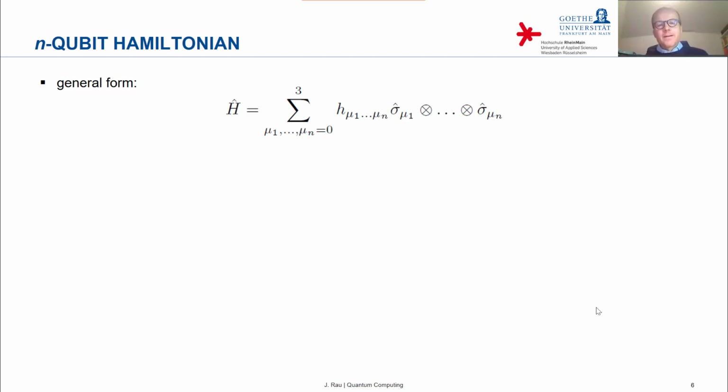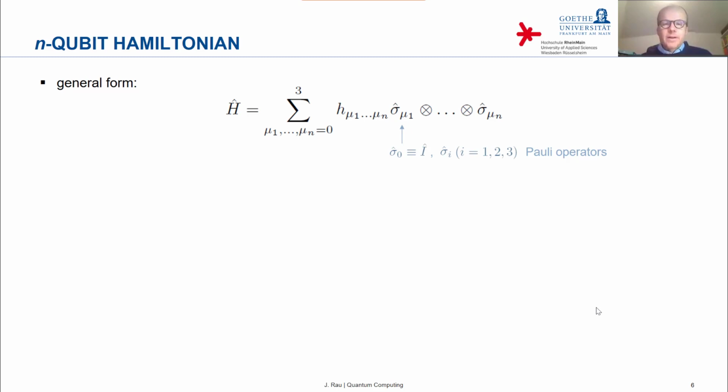And then tensor products of sigmas, and these sigmas are either Pauli operators. So when the index mu is 1, 2, or 3, then it's one of the Pauli operators, or sigma 0 is defined as the unit operator. So the Greek indices run from 0 to 3, and the sigma mu's are either the unit operator or one of the Pauli operators.